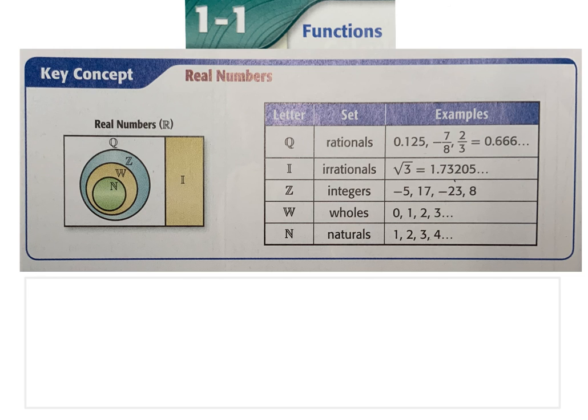Whole numbers have 0. Integers throw in your negatives. Irrationals are non-repeating, non-terminating decimals. Rationals are your terminating and repeating decimals, and they are all real numbers. We have dealt with imaginary numbers before, but these are all going to be real numbers for right now. When we introduce imaginary, we'll talk about it more then.